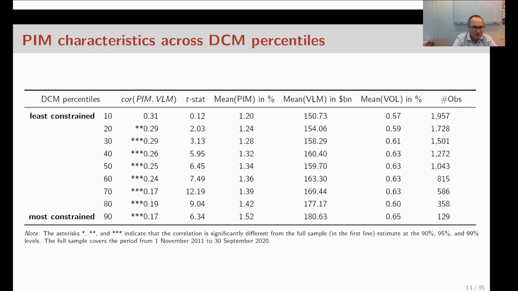Whenever PIM is high, volume also seems to be high, so there's a lot of intermediation and liquidity provision. But when the dealers become more constrained, as we move to the 90th percentile, this correlation between inefficiency and volume shrinks. We look at this now in much more depth in the following, because this is going to be really key for the analysis.